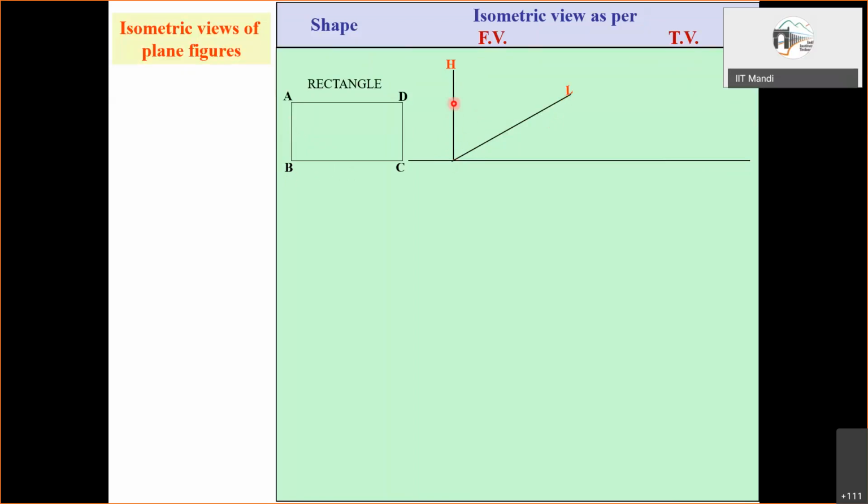Along this H, length BA is to be marked. Okay, so like this we look at these two. Beyond that, once A and C are located, then again we have discussed isometric lines. So CB and AD are parallel, so the same length we mark from A parallel to this. Length of BA is marked from C to B, and then we look at D. So like this it will be completed.